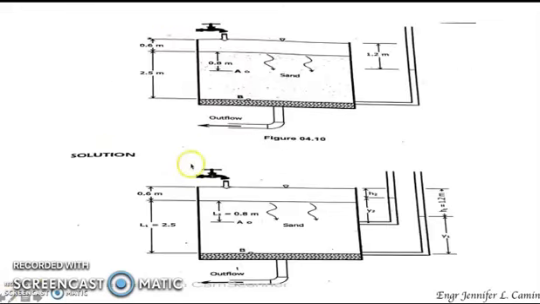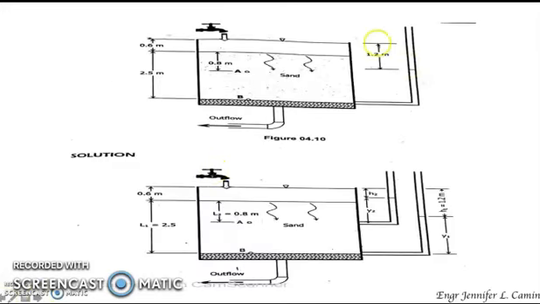So before we solve that, we have to compute first for the saturated unit weight. For this one, we have our i, the hydraulic gradient, which is H over L. From this figure, our H is equivalent to h1, which is 1.2, and our L is 2.5.